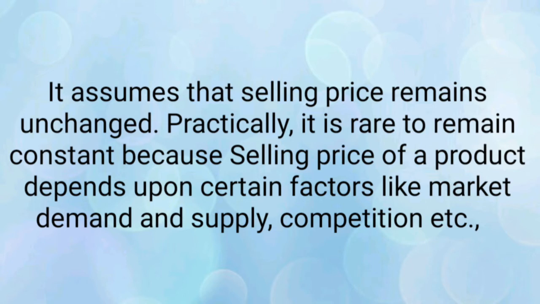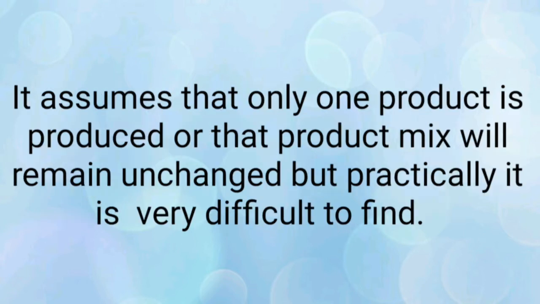Okay, so next is that it assumes that only one product is produced, or that the product mix will remain unchanged, but practically again it is very difficult to find. As we all know, the quality mostly changes as time goes on, due to the raw material products we are obtaining and the quality which they are giving us as a raw material to use, right?